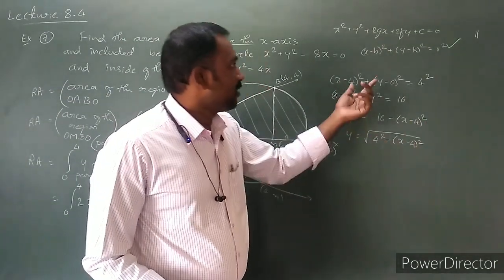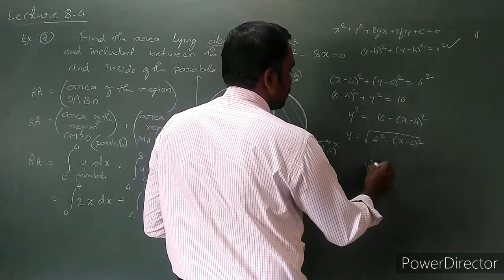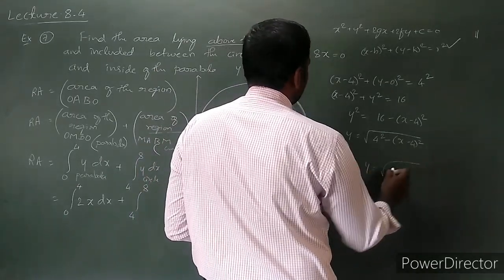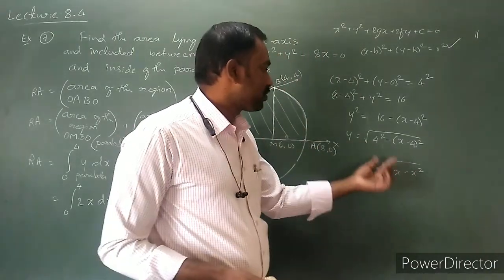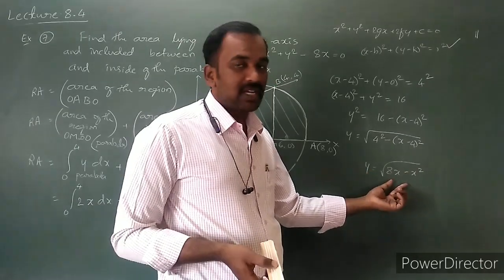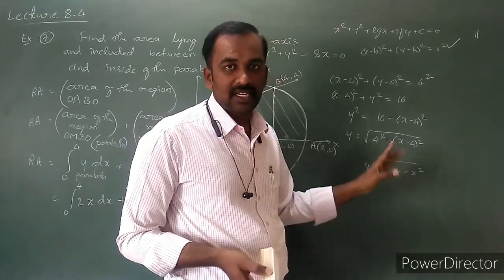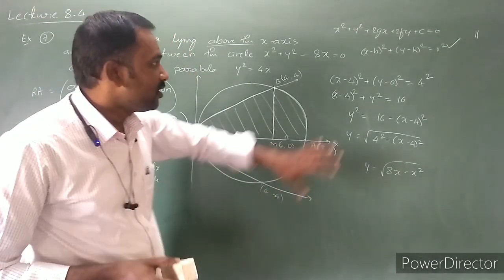If you do not get this idea, again the same thing from previous classes: y is equal to root of 8x minus x square. If you did the making perfect square, you get the same thing. Check it. If you did this as making perfect square, you get the same answer. Nothing to worry. Okay, so now are you clear?